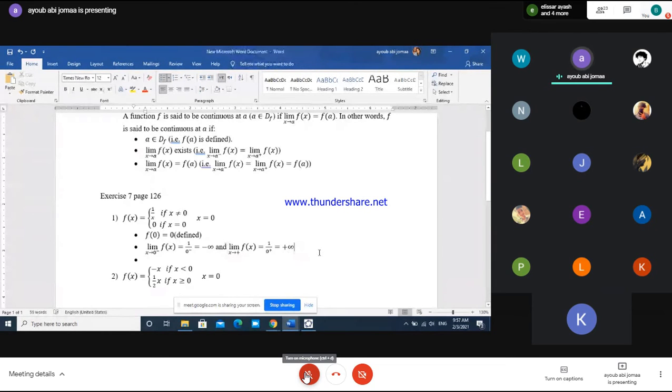Are they equal? Is the limit from the left equal to the limit from the right? No. So the function is not continuous at x equals 0, since the limit from the left is not equal to the limit from the right.